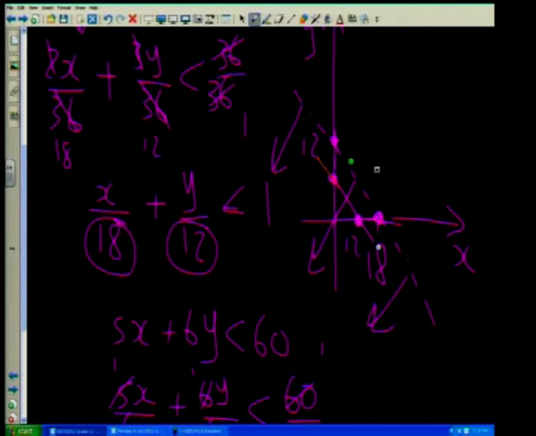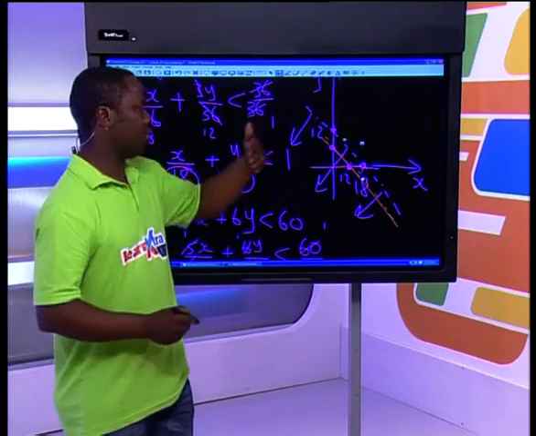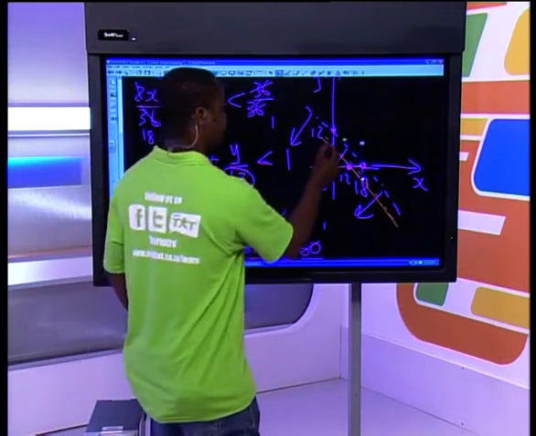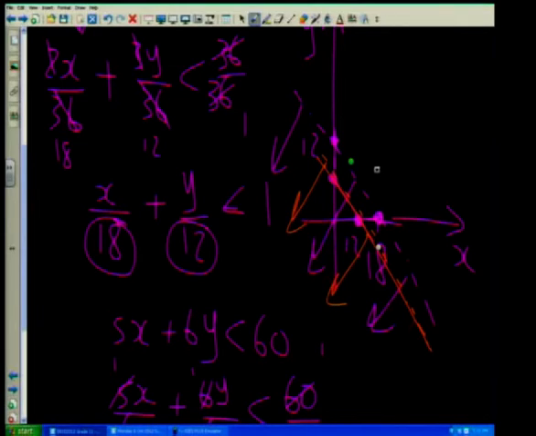So we would join those 2 points, and that's how our second line would look like. Of course, it must be dotted. Okay. And what do we say? We're saying less than. Less than, again, it suggests that we must have our arrows going below our straight line. So that's where you would have it.